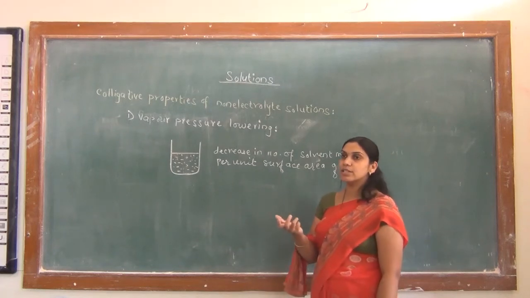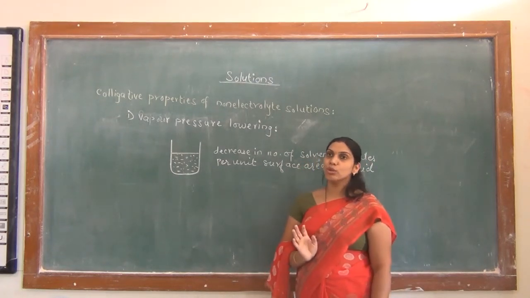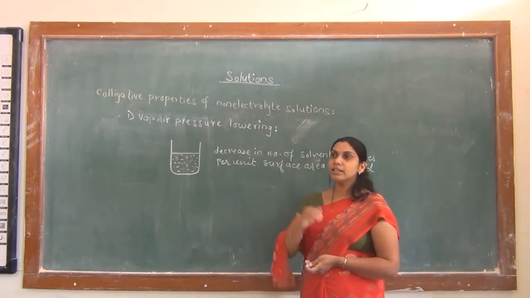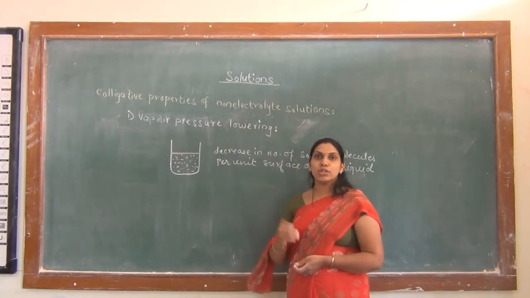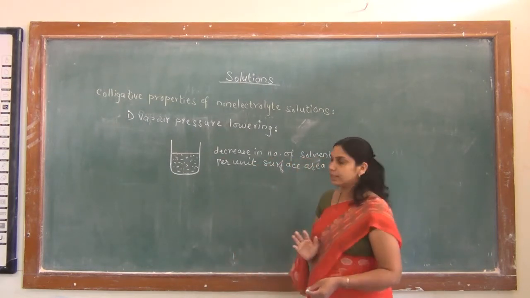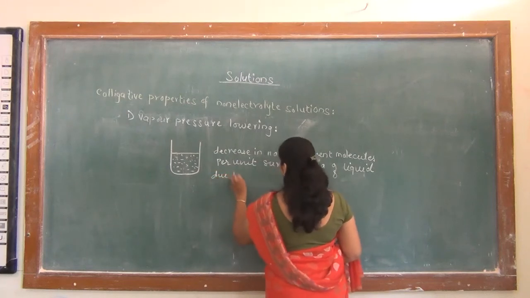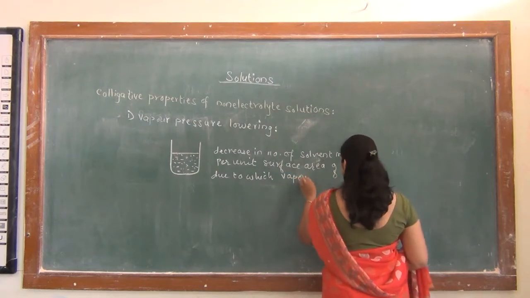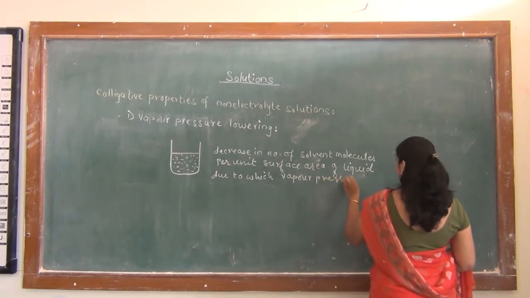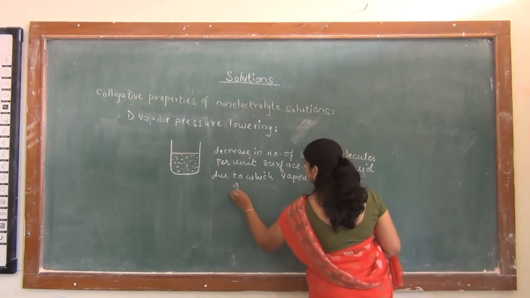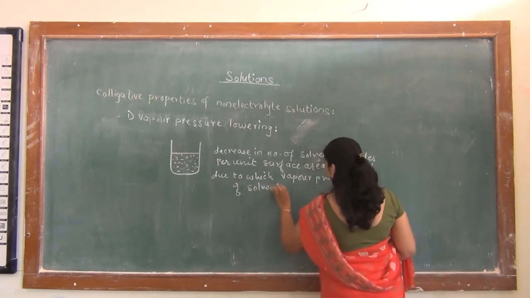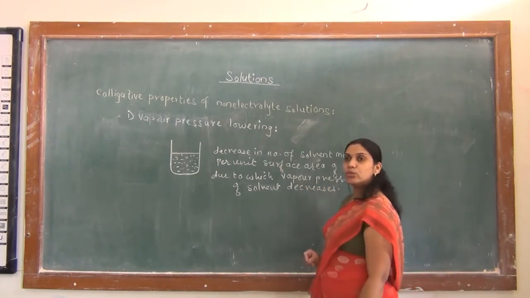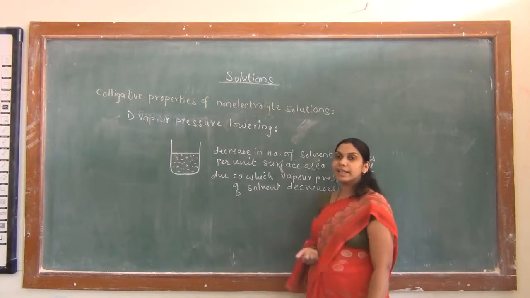The process of vaporization takes place at a slower rate, and due to this, the vapor pressure of the liquid also decreases, due to which the vapor pressure of solvent decreases.